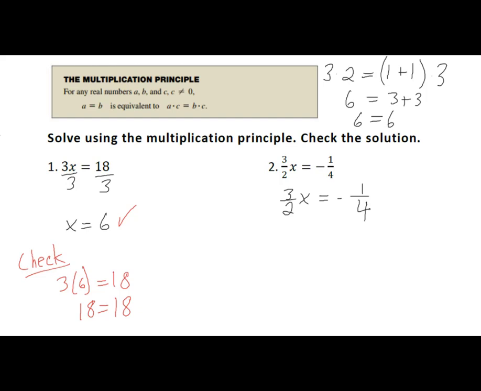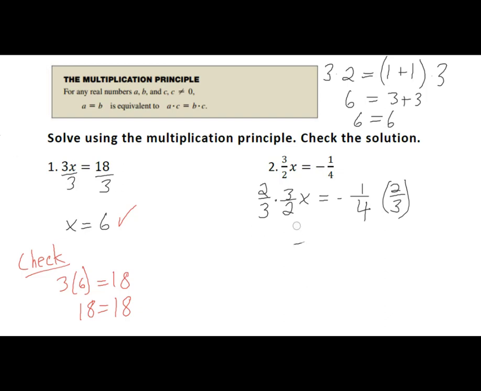What I need to do is get rid of this 2 on the bottom, which means I need to multiply. And I need to get rid of this 3 on top, which means I need to divide. So you can just multiply by the reciprocal, which is just flipping this fraction. So over here, I'm going to multiply by 2/3.